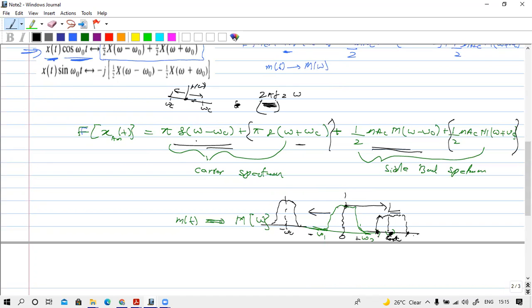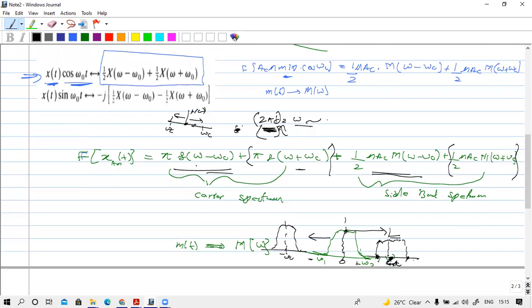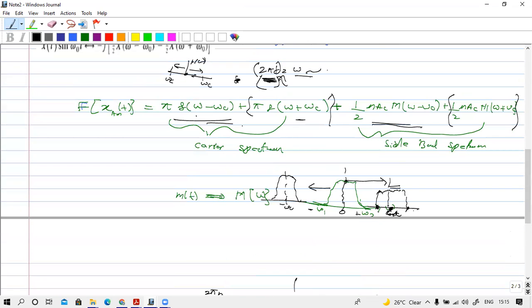That is the only difference. So both ways are correct. You can find the spectrum in the omega domain and also in the f domain, both are correct. Okay, now we will move to the question.